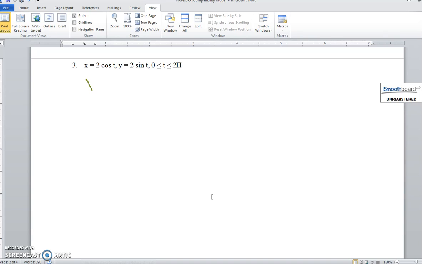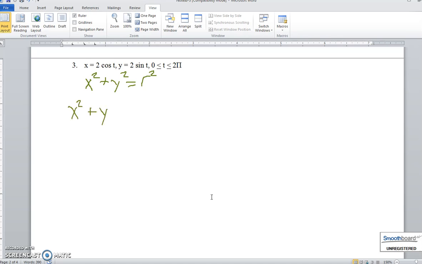Do remember that x squared plus y squared equals r squared is our equation for a circle centered at 0, 0. So I'm going to start, this is going to look very different than the other ones. I'm not going to take one of these equations and solve for t. I'm going to start with x squared plus y squared.